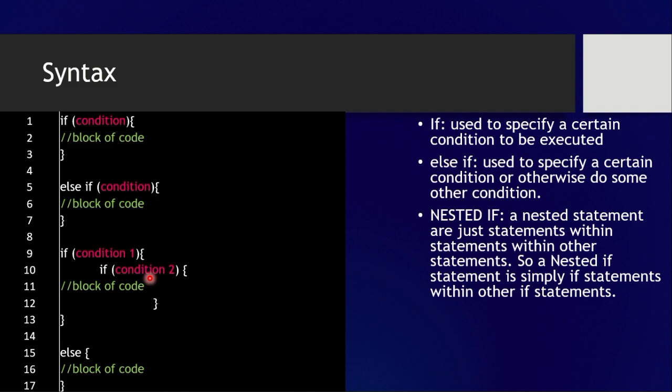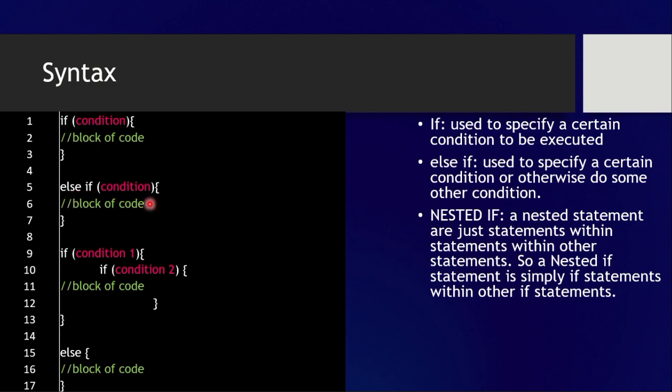Now our syntax would be this. So if, open our parentheses and we say condition, and then we open our bracket here and encapsulate that, and we say our block of code is there within that specified thing. Whatever we put in our condition at this point is what's going to be executed in this if statement.